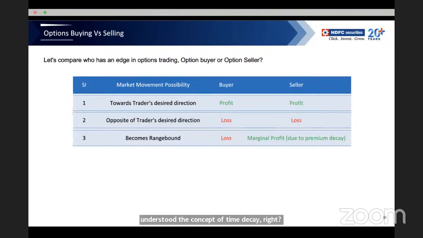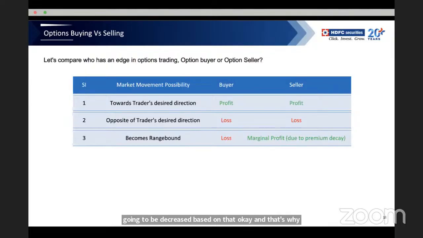Premium has two components, the intrinsic value and the time value. Even if nothing changes, the time is changing, right? The expiry is approaching, the days remaining to expiry are decreasing. Because of that, the premium is going to decay. The time value that the option has is going to decrease, and that's why the buyer will have a loss, because ultimately the premium is going down.